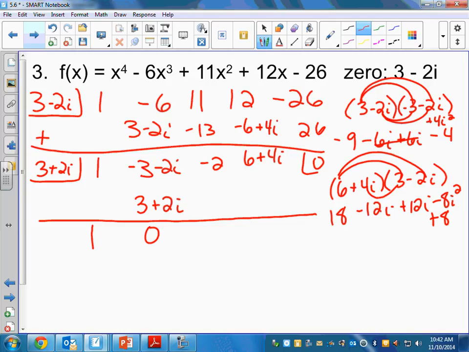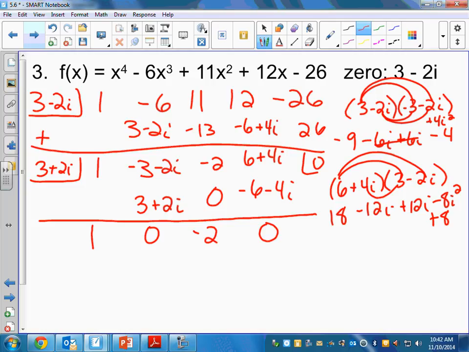I was thinking that it was going to be 3 plus 2I here, and I was like, oh my gosh, it doesn't work. But 0 times 3 plus 2I is 0. That's the stupid mistakes I make. I end up writing 3 plus 2I here, and then I think it doesn't work. Negative 2 plus 0 is negative 2. And negative 2 times 3 plus 2I is negative 6 minus 4I, which does give me a remainder of 0.